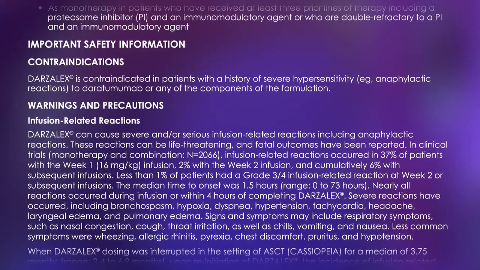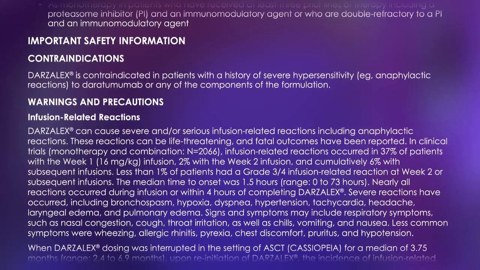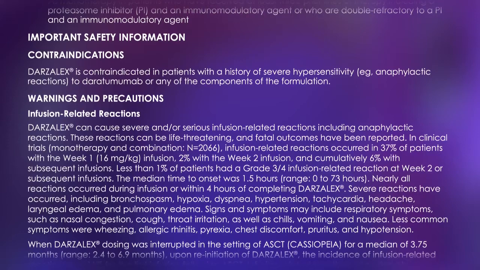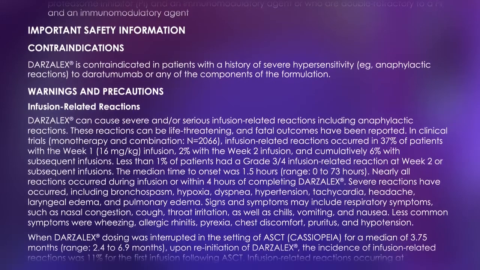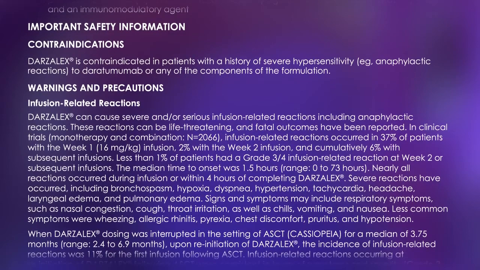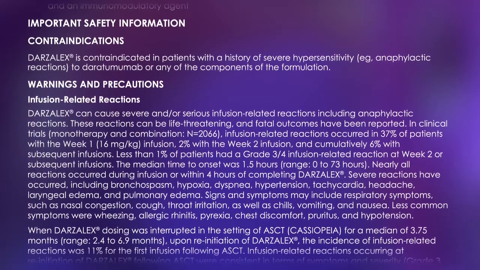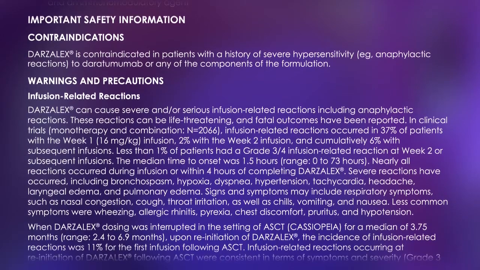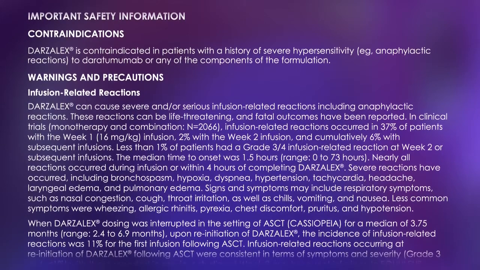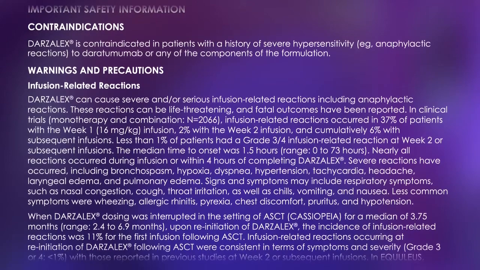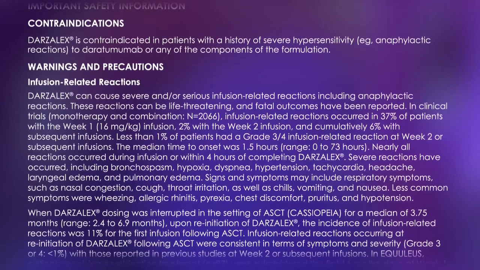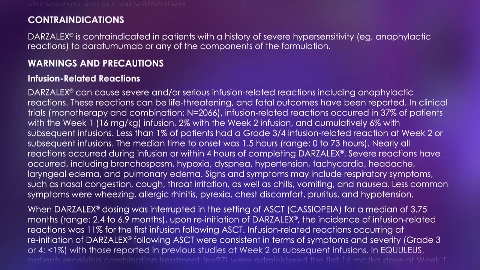The median time to onset was 1.5 hours, range 0 to 73 hours. Nearly all reactions occurred during infusion or within 4 hours of completing DARZALEX. Severe reactions have occurred, including bronchospasm, hypoxia, dyspnea, hypertension, tachycardia, headache, laryngeal edema, and pulmonary edema.